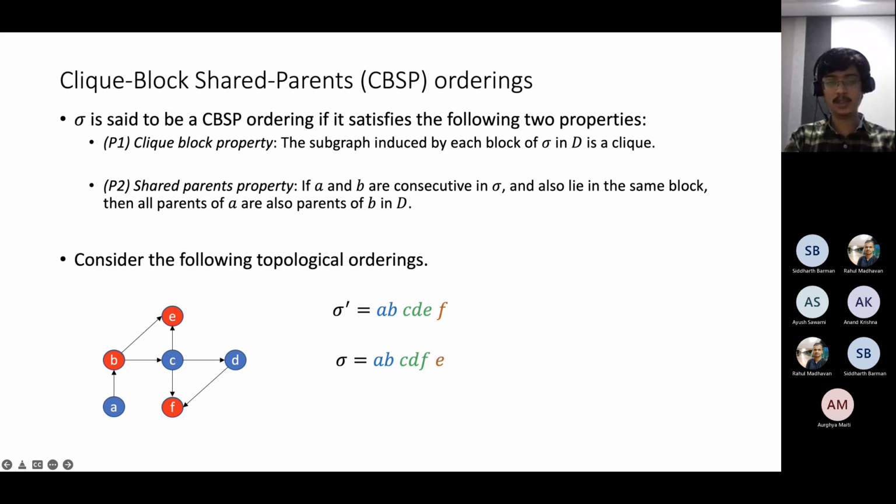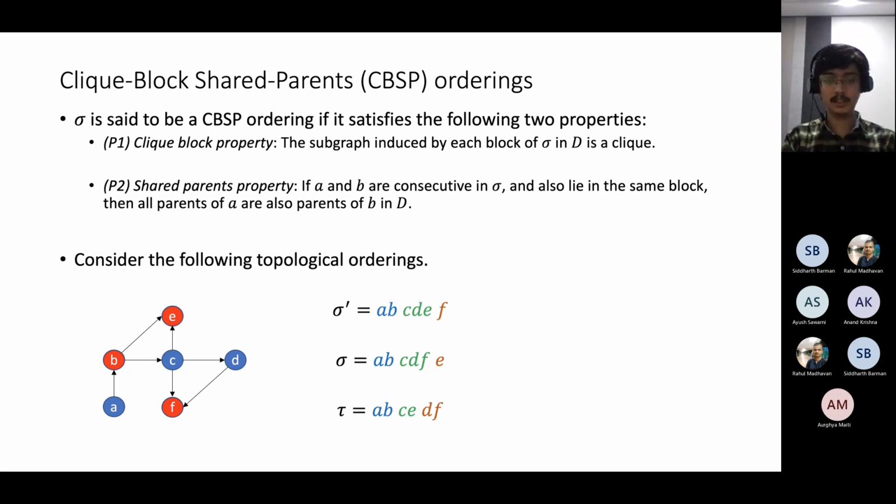But C has a parent B, which is not a parent of D. Therefore, the shared parents property is not satisfied by this topological ordering sigma. Therefore, again, sigma and sigma prime are not CBSP orderings.